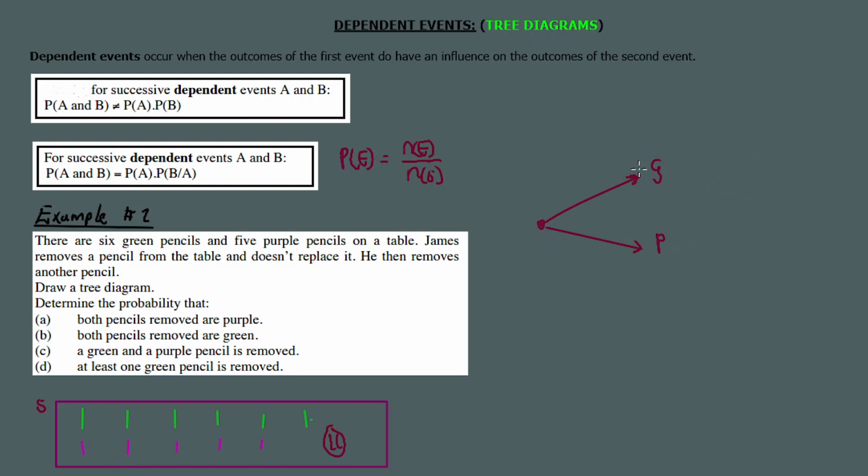If I take the green one, what is the probability of taking out the green one? It should be the number of outcomes for that event. So for the green ones, it's 1, 2, 3, 4, 5, 6. So it should be 6 over 11. 11 is the sample space. The outcomes in the sample space are 11. For the purple one, it's going to be 5 over 11.